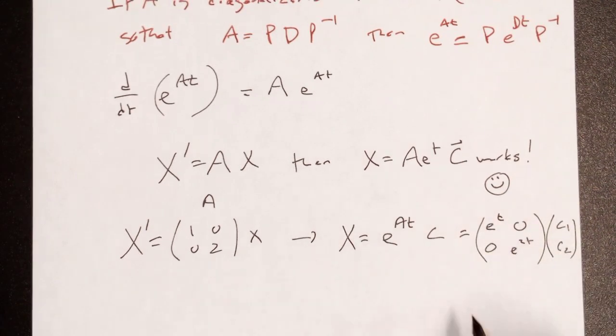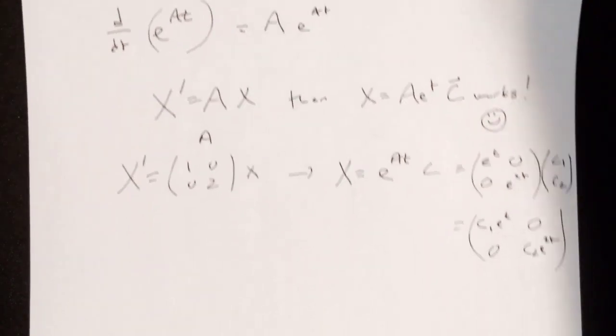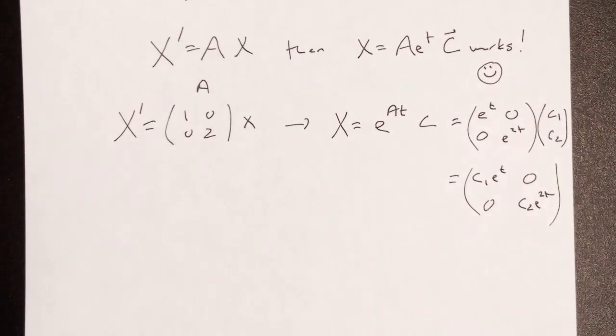And if you do the matrix multiplication, you get c1 e to the t, 0, c2 e to the 2t. And that's the right answer, provided I can find the matrix that is the exponential of my coefficient matrix over there.